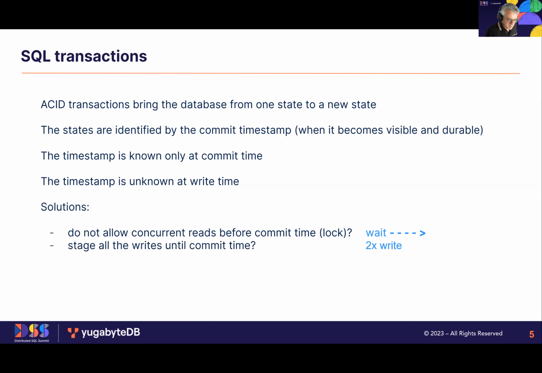But of course, this is difficult in OLTP for concurrency. What Yugabyte does, we will see the detail, is staging all writes until the commit time. And then at the commit time, you know the timestamp and the actual writes can happen. But that's more writes, but we will see that there are some optimizations.